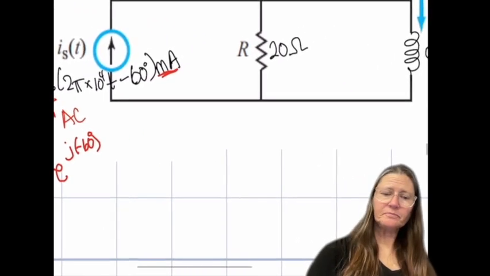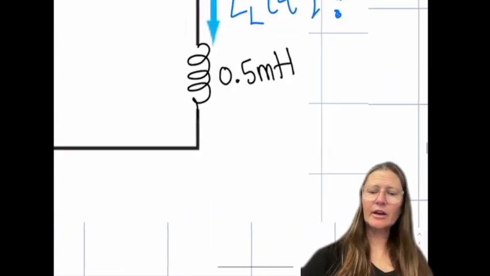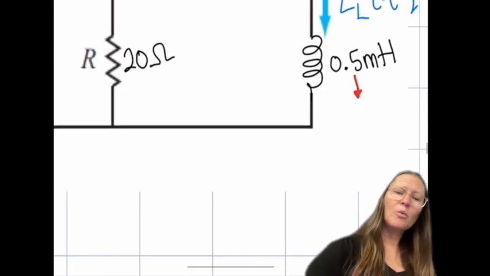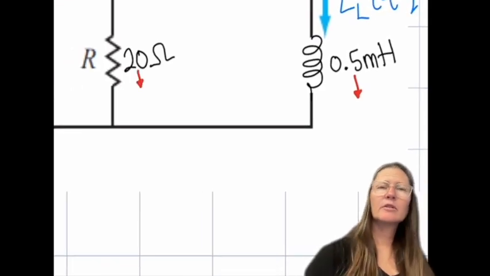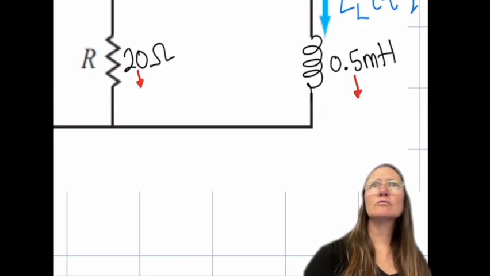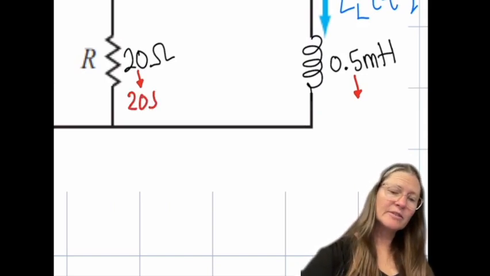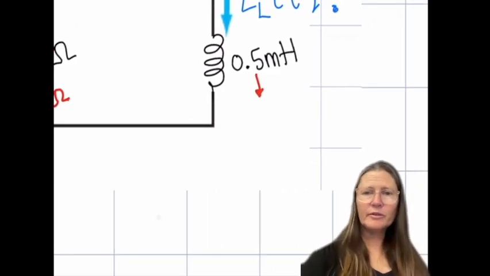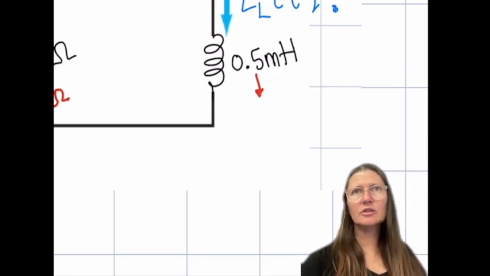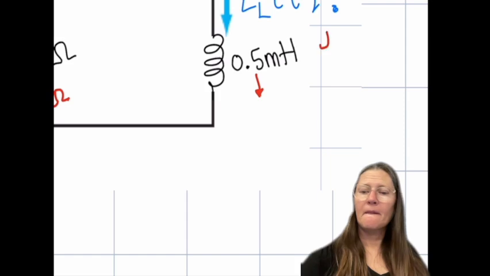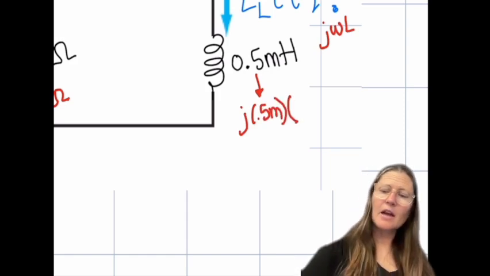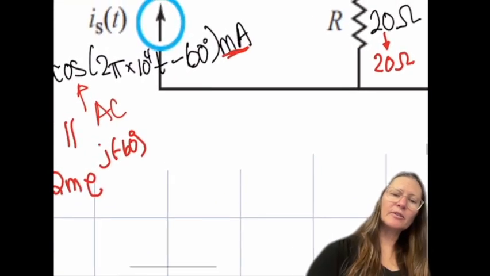So now we're going to treat this like a resistor, but first we need to transform it. What happens with the resistor? Does it change? It stays the same. It's going to be 20 ohms. What was the formula for the inductor? j omega L. And L is 0.5 milli. And omega, we look back at the input signal, is what?